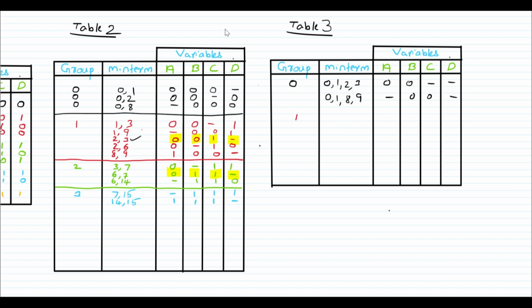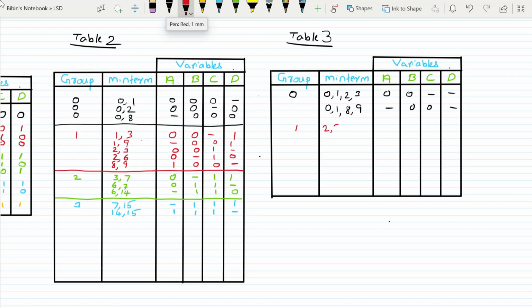So we can take the pair 2, 3, 6, 7. 2, 3, 6, 7. And we have 0, B is different, C is 1, and D is dash.